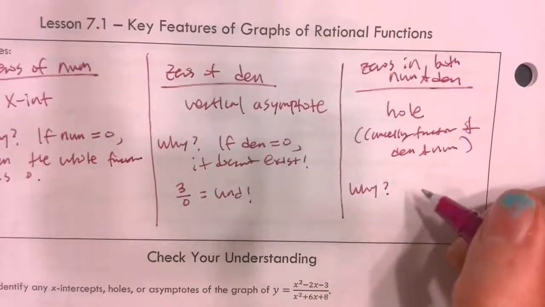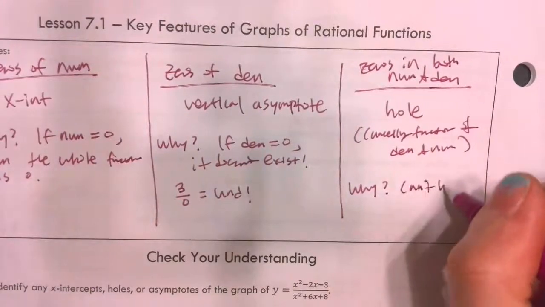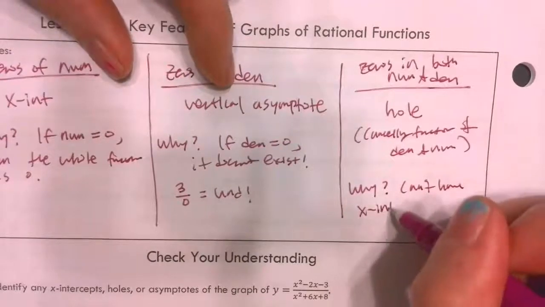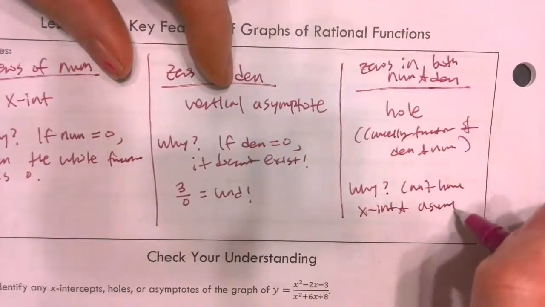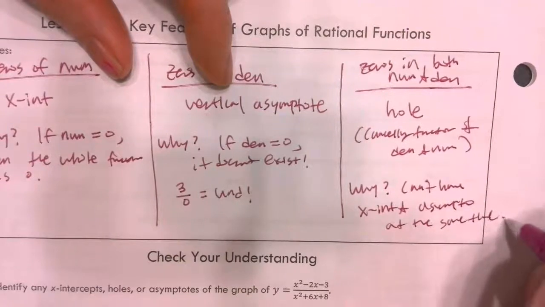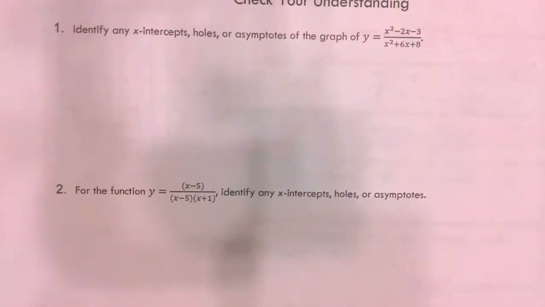Because we can't have an x-intercept and an asymptote at the same time. It should not exist, so we're just going to make a hole there. Cool? Alright, let's go. Identify any x-intercepts, holes, and asymptotes of the graph.